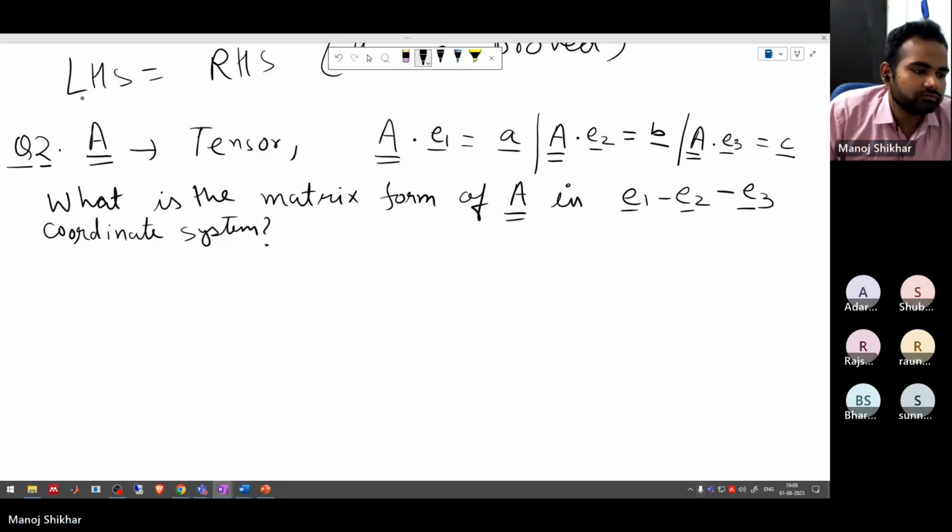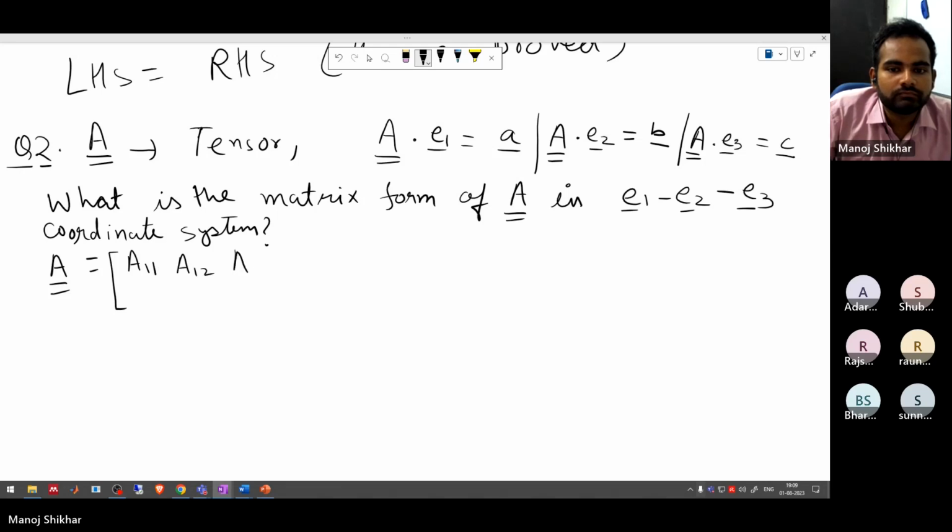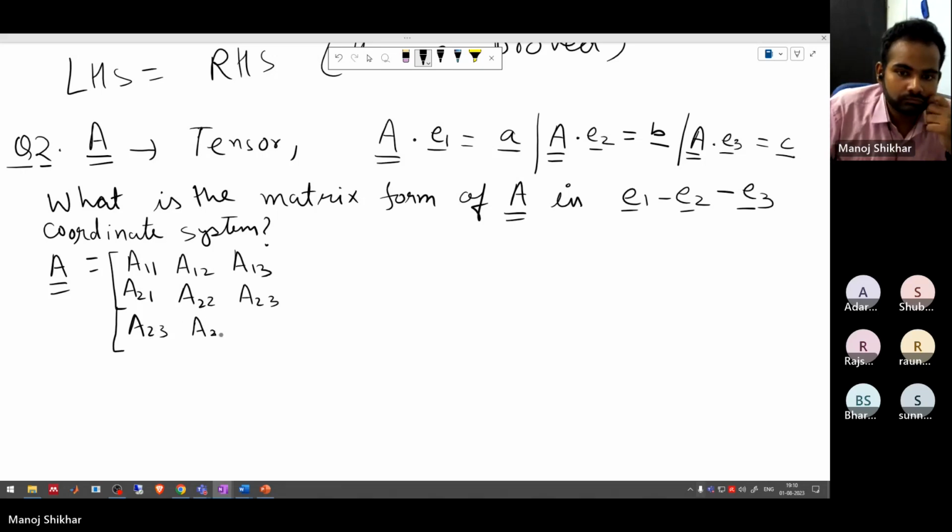So we assume that A has a form like this. So what is given?